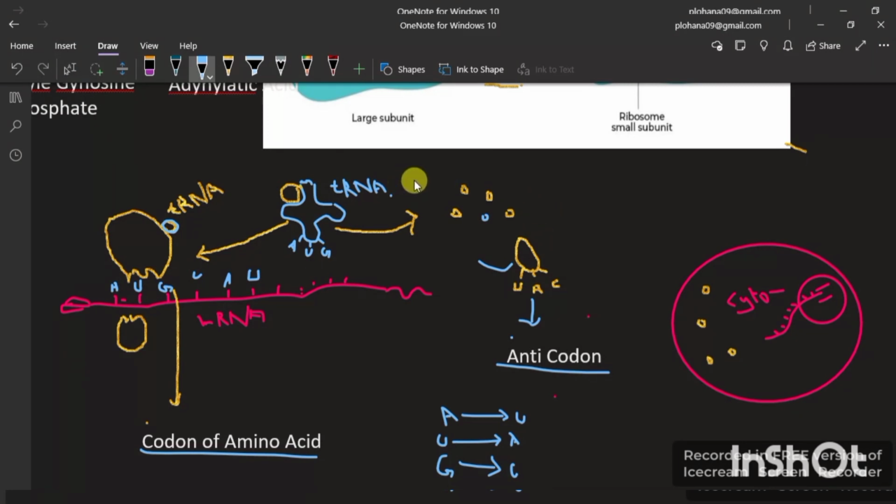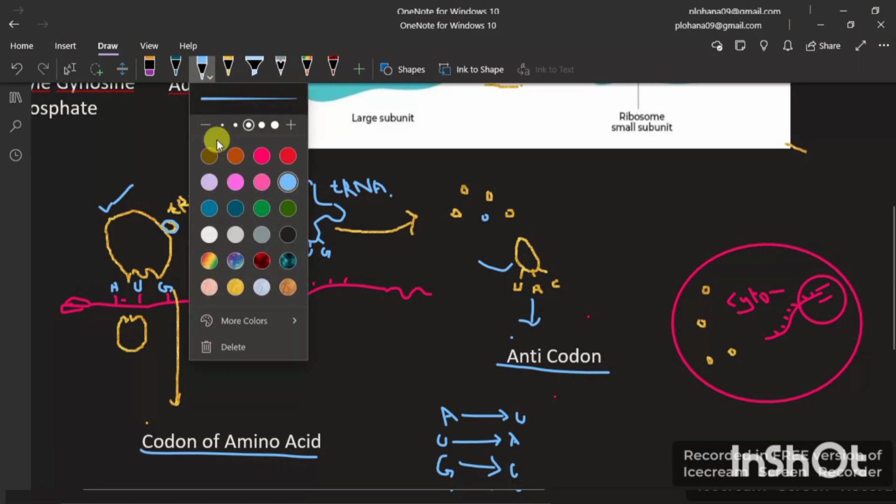Then tRNA will take that along with it. The amino acid will be attached to the tRNA. tRNA will bring this there. Then again we'll have this amino acid here. So now what will this RNA do? What's the work of this RNA?